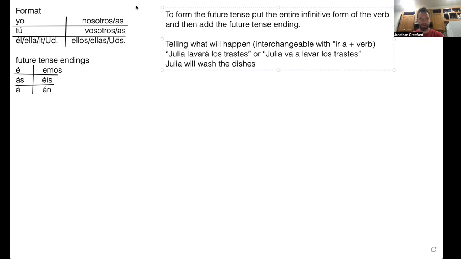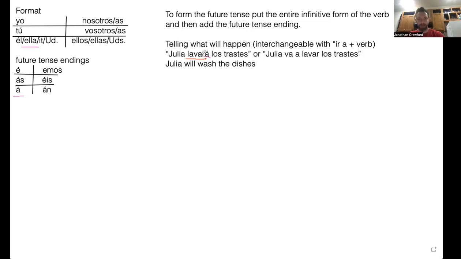And I just want to underline this. So notice that it's the whole infinitive verb, lavar, plus the verb ending, lavará. So just the a. And notice it has an accent mark. Julia is ella. Therefore, we have to use this future tense ending with an accent mark.